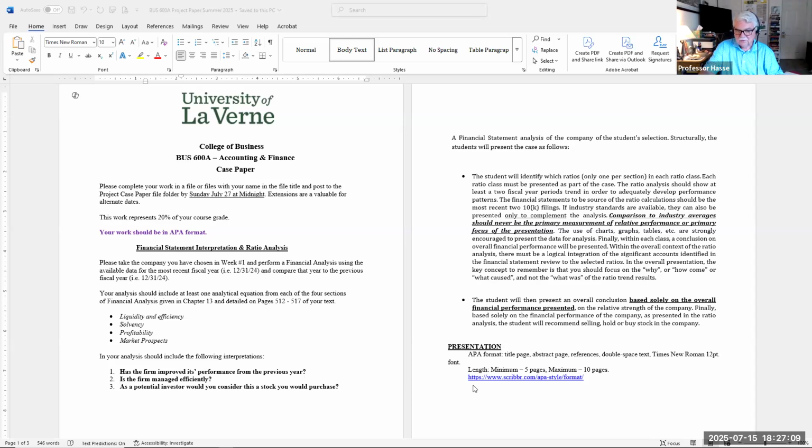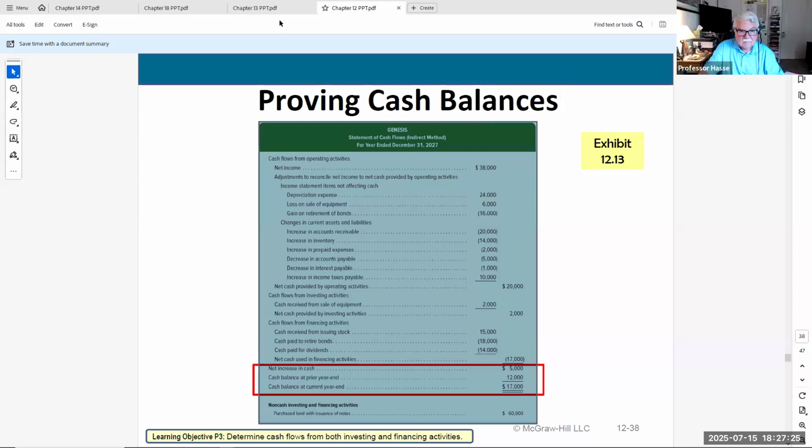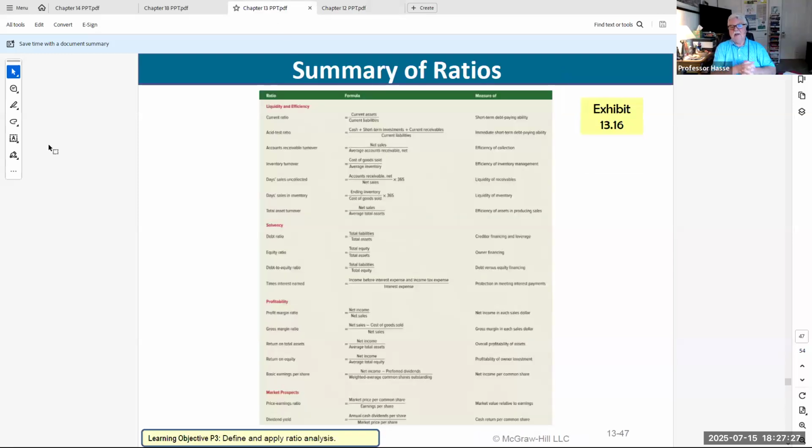Now, what do these 4 equations look like? Well, here we go. Here's a page taken out of the textbook where it gives you 4 examples of those areas of financial statement analysis that I'm asking for: liquidity and efficiency, solvency, profitability, and market prospects.